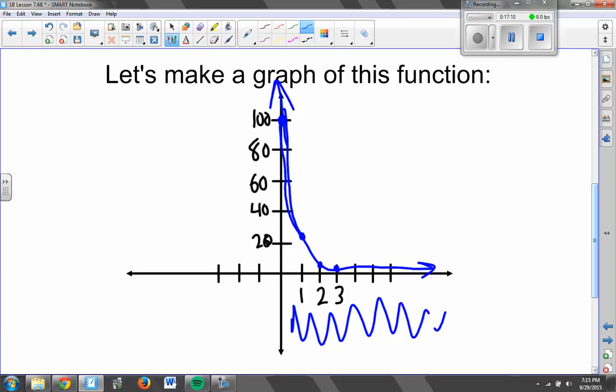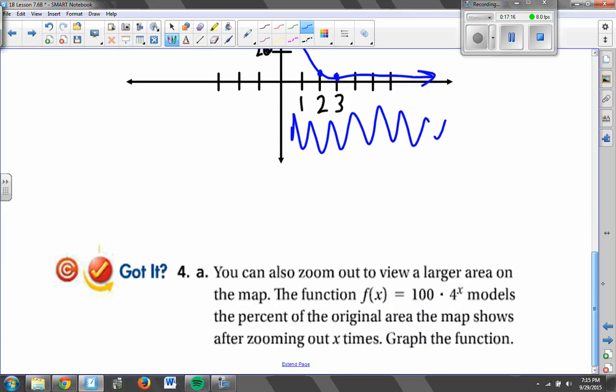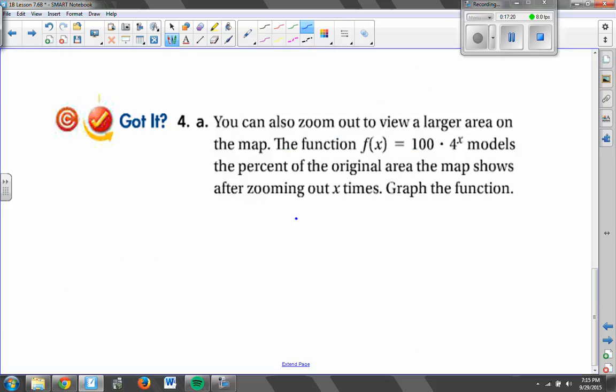If you have questions about how I graphed that, please make a note to ask me in class tomorrow. And then I have one more for you to work on. Instead of zooming in on a map, we're now zooming out, and so your function is here. I would like you to graph that function that models the percent of the original area that the map shows.